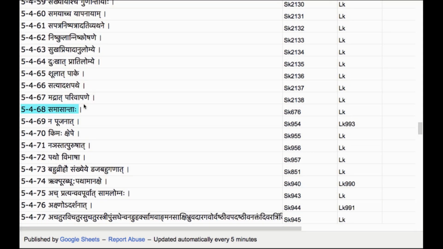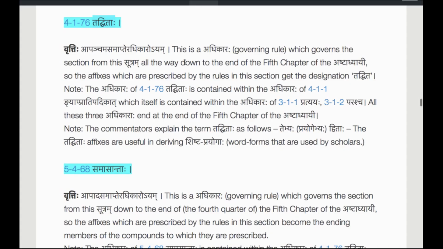So those Samas Anta Pratyayaha are a part of the Tadhita Pratyayaha. So we required those when we had to do certain operations to complete the derivation of some compounds. So this topic of Tadhitaha is not completely new to us. We have delved into it before just to take what we needed for the Samasa Prakaranam. But now, of course, we'll be looking at this section in much more detail.